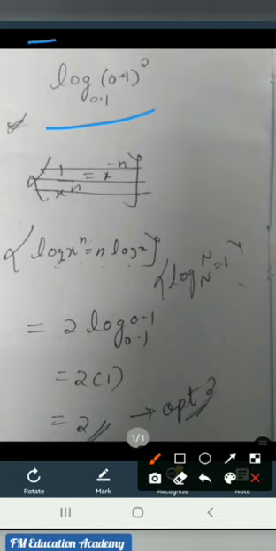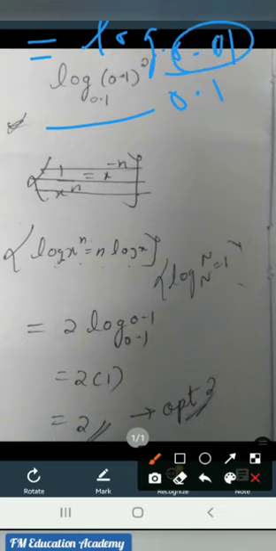See, this was the question. The question was, find out the value of log 0.01 to the base 0.1. So what we have done, 0.01 can be written as 0.1 square, and then it is in the form of log x power n to the base a. Log x power n to the base a is equal to n log x to the base a.